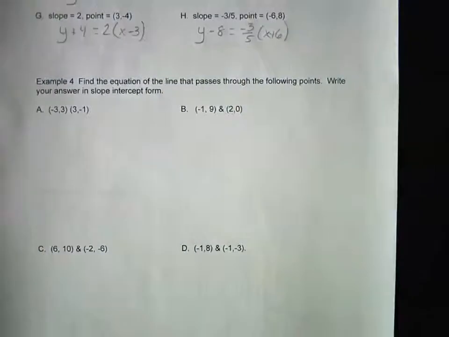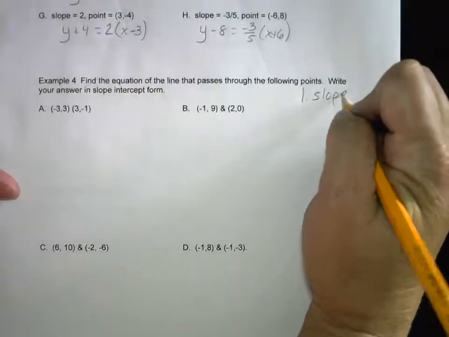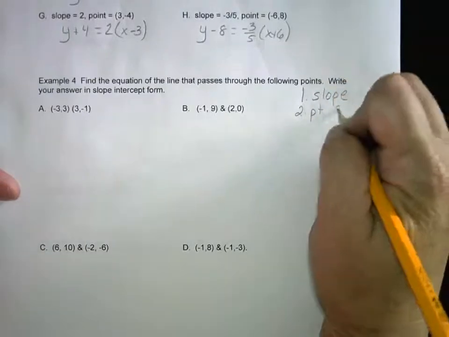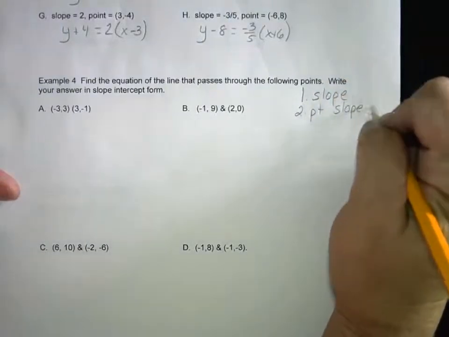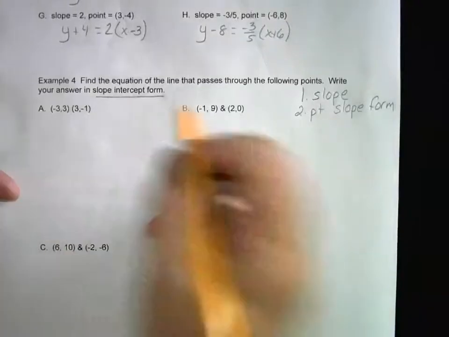Next thing, we are adding one step. We have 2 points here. So the first thing we want to do is find the slope. Then we start with point slope form. And you'll notice they wanted it in slope intercept form.